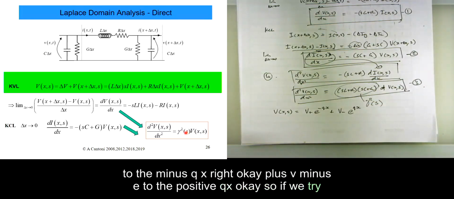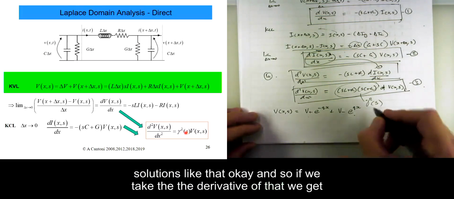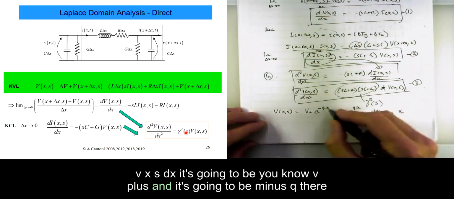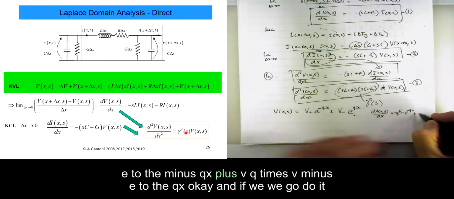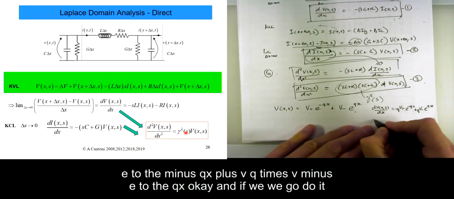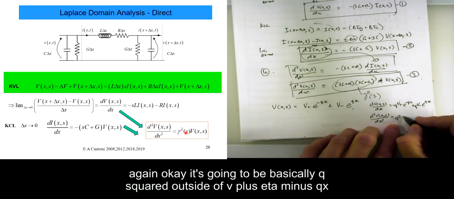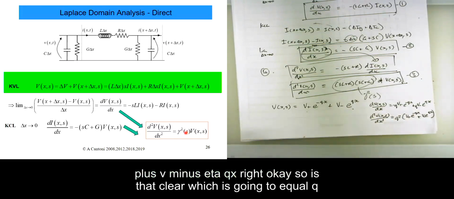If we take the derivative of that, we get dV(x,s)/dx is going to be minus Q V plus e to the minus Qx, plus Q times V minus e to the Qx. And if we do it again, it's going to be basically Q squared outside of V plus e to the minus Qx plus V minus e to the Qx. Is that clear?